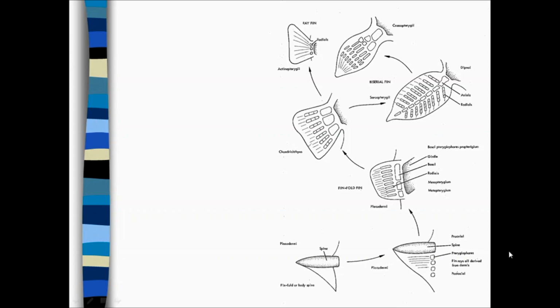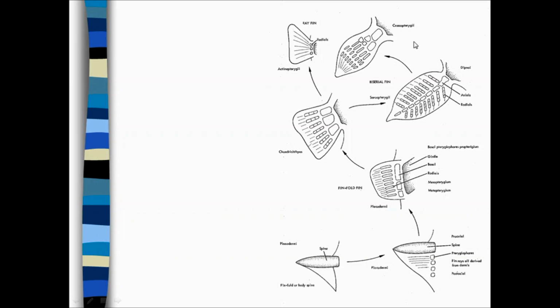So in the fin-fold theory, what you have is this flap of skin, and in this flap of skin you have these bony elements down here along the side, and you have all of these projections sticking out like this. And then by the time you get to actinopterygian fishes, you get these sort of rays that look like that. And in dipnoid fish, you get something like that.